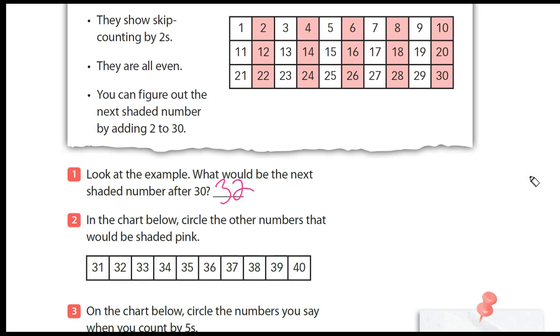So we know that the next number would be 32, right? What would be after 32? 34. And then? 38. And 40. Those would be it. Okay, I already went ahead and highlighted them. You could just go ahead and circle them.